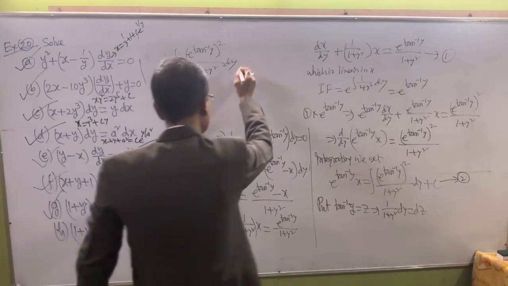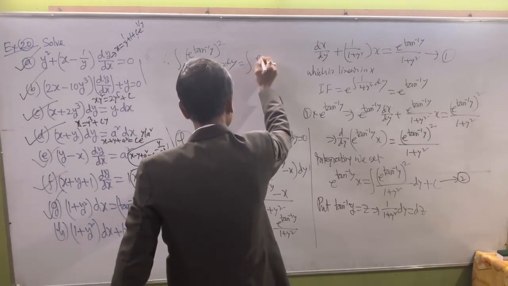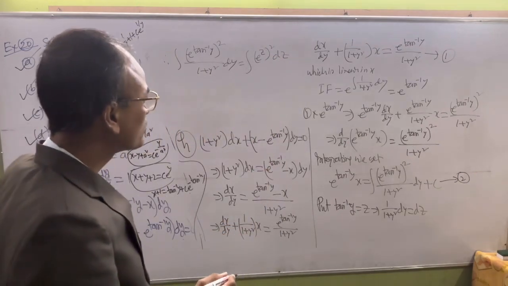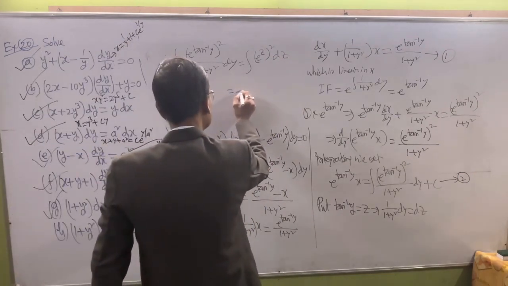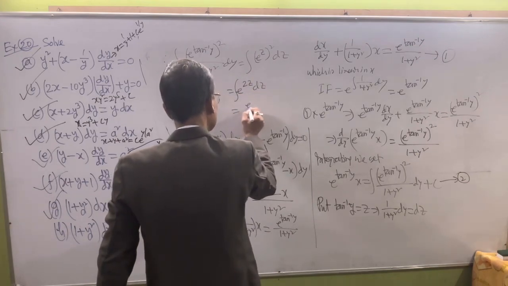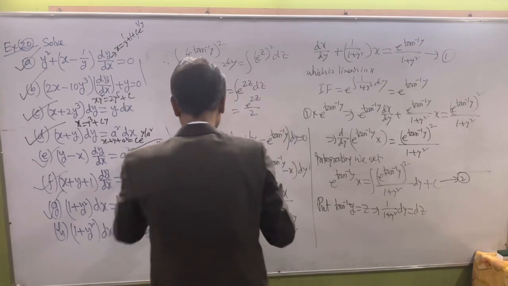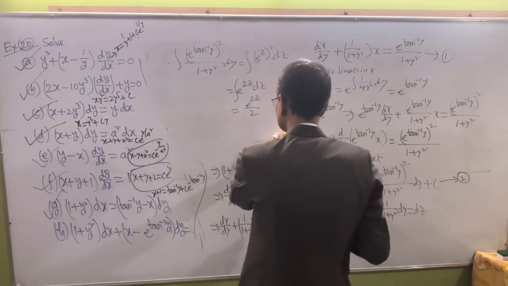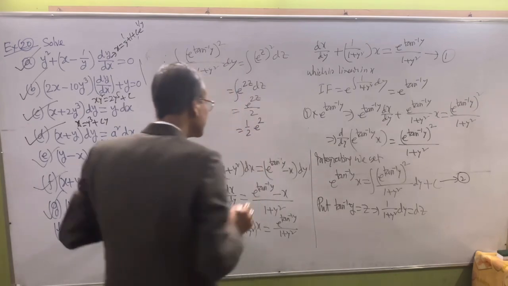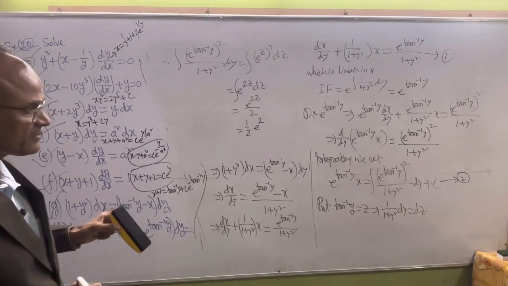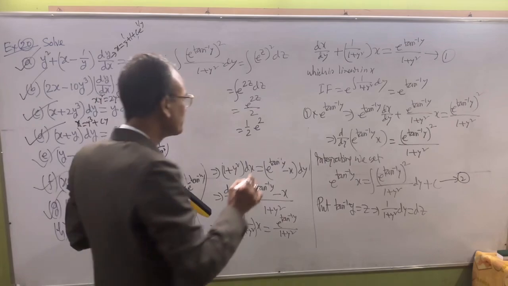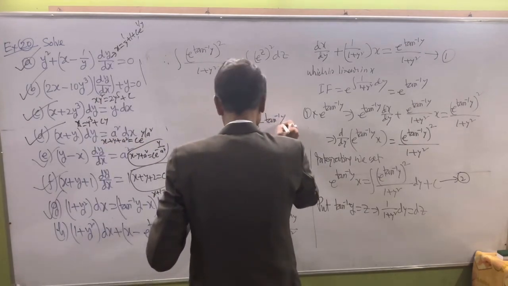This is equal to integral e to the power z whole square dz, which is integral e to the power twice z dz. This is equal to e to the power twice z divided by 2, that is 1 by 2 e to the power twice z. What is z? z means tan inverse y.